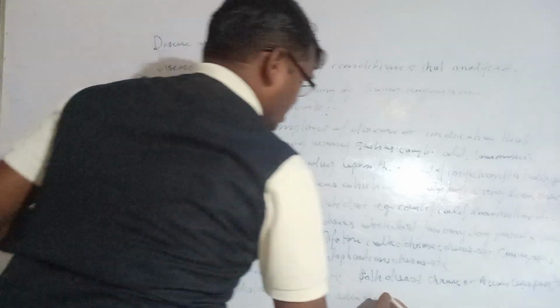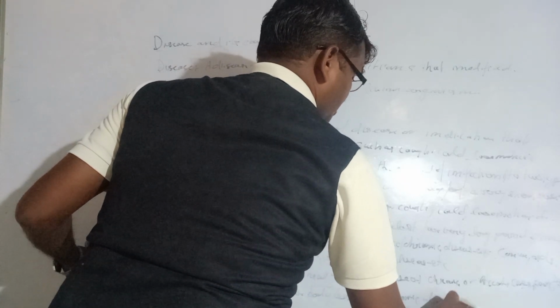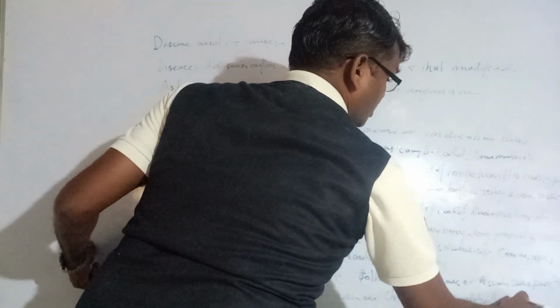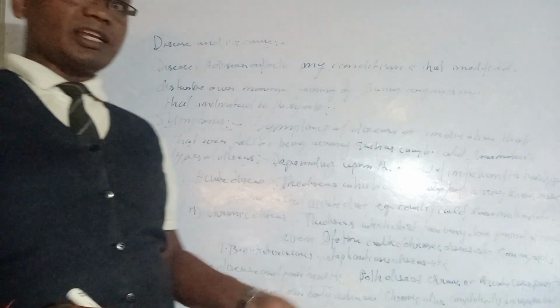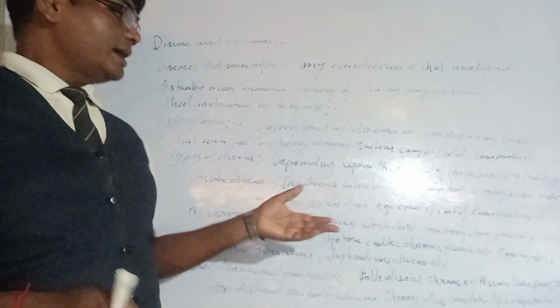Chronic disease completely disturbs our whole body and life also, because it cannot be easily cured and over a long period of time it affects our body. That is why we can say it is a very dangerous disease.